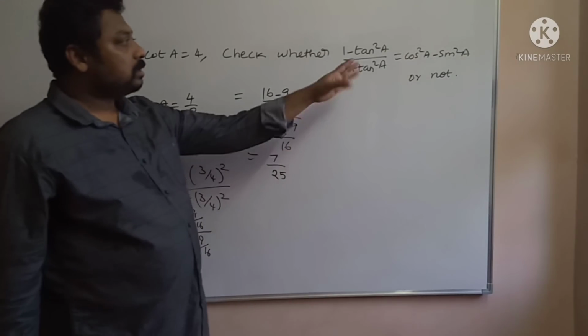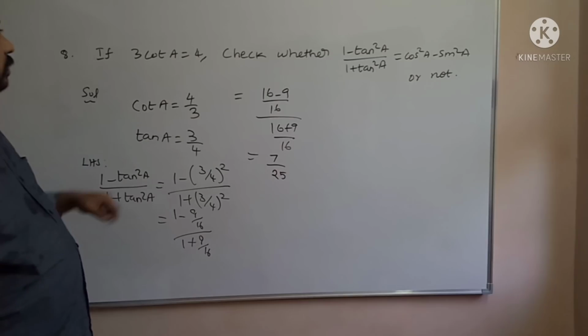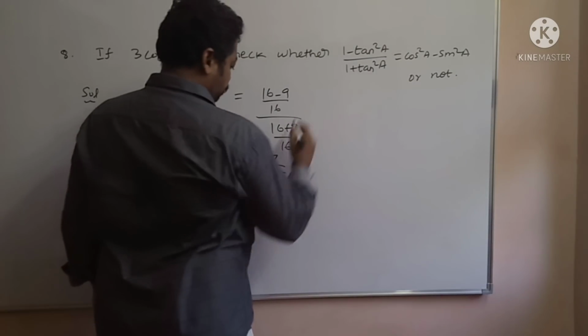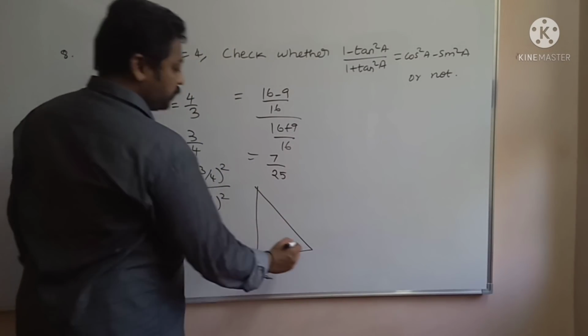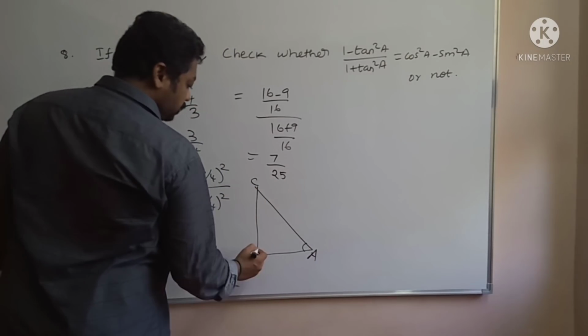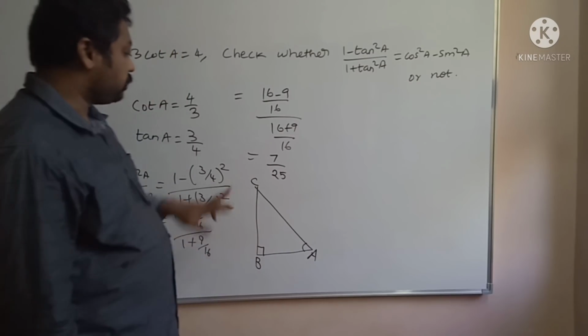What is RHS? Cos square A minus sin square A. But we don't know cos A and sin A. So we form a right angle triangle. We take this as acute angle A, and this is B, this is C. Angle B is the right angle.